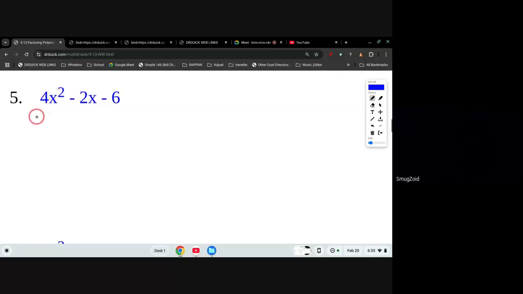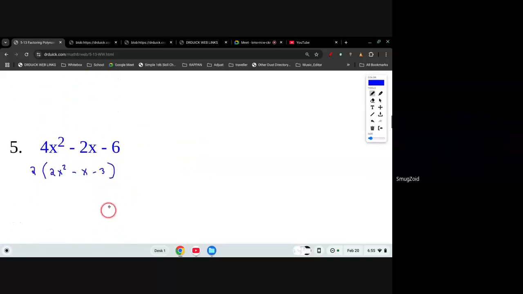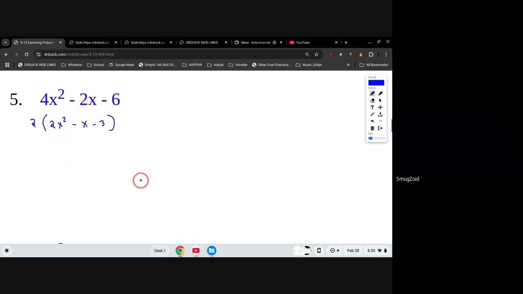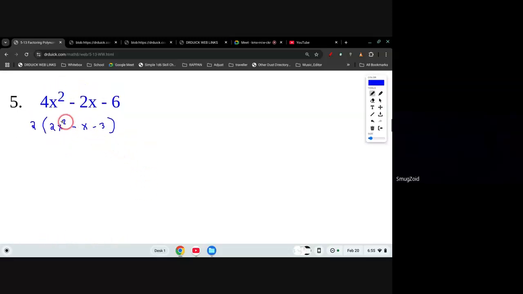First of all, you take the 2 out, you get the number 2 times 2x squared minus x minus 3. All right? Now, if you look, it looks a lot like this. Not exactly, but you get the point. Second part of this, you're going to do the slide and divide here, okay? So I'm going to move the 2 over.